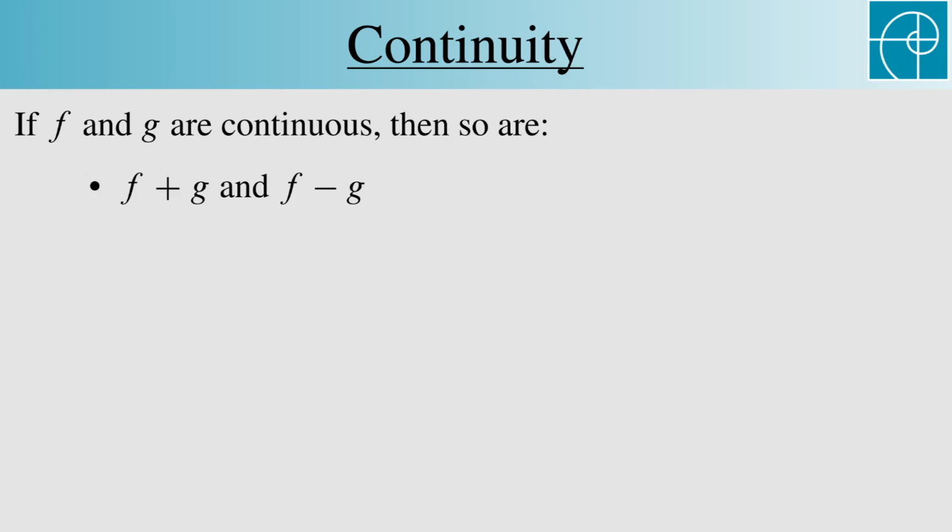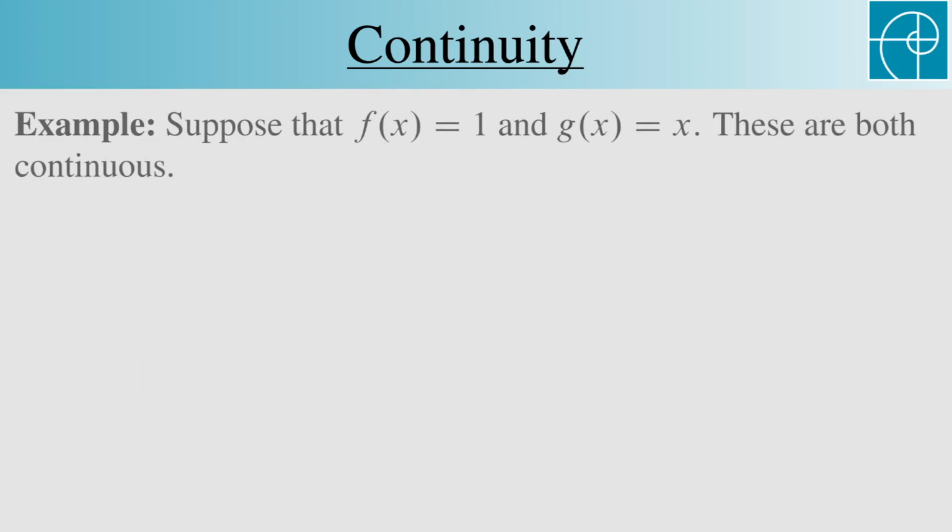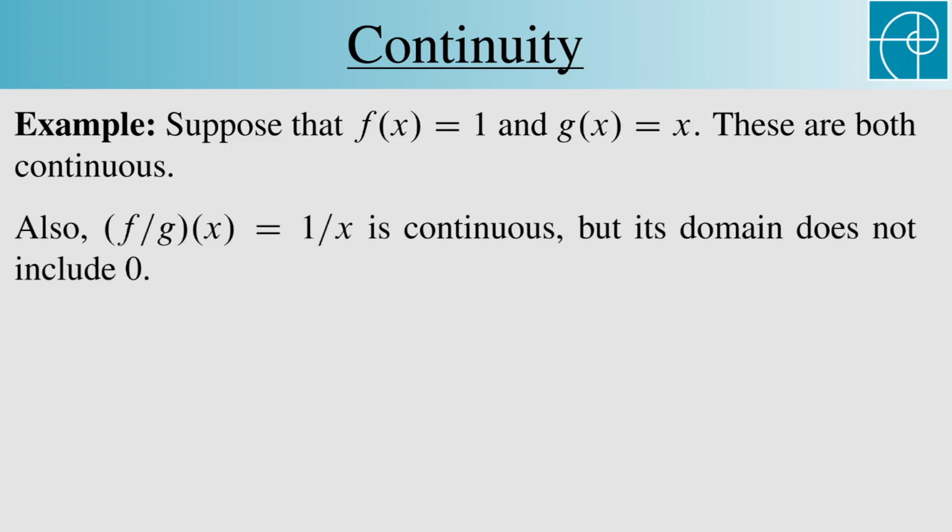The same can be said about multiplication and division, exponentiation, and even the composition of functions. Remember that we're saying that these functions are continuous on their domains, and we're not saying that the domains don't change. For example, if f of x equals 1, and g of x equals x, then both f and g are continuous. And so is f over g, even though its domain doesn't include 0.